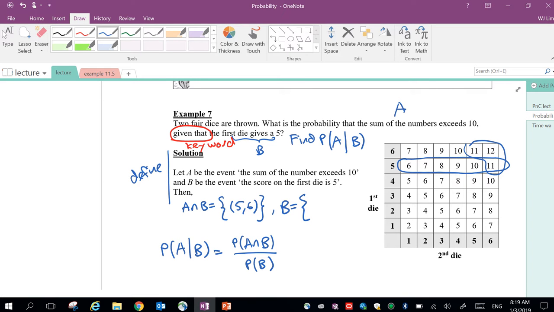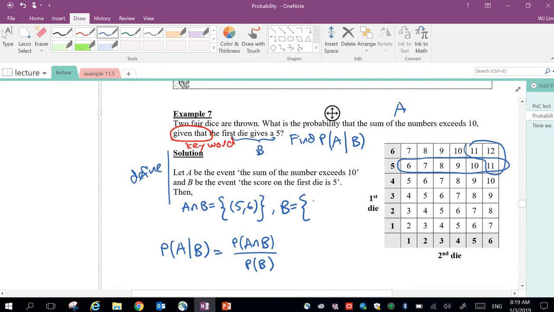We went through event A intersect B, so it's getting a sum of 11. The first die showing a 5, second die showing a 6. That gives you a sum of 11, which exceeds 10. Whereas for event B, the score of the first die is 5.